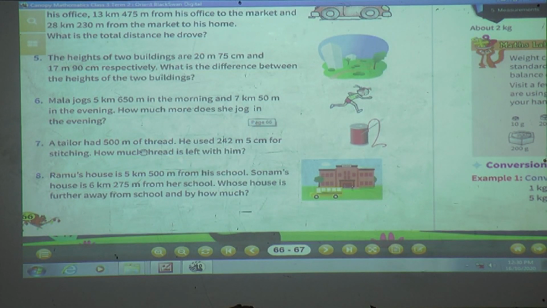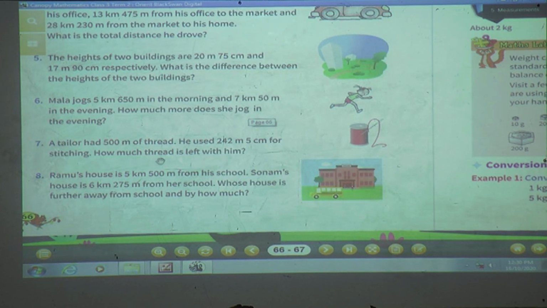Now we'll move to the next example, that is 7th number. Read the question. A tailor had 500 meter of thread. He used 242 meter 5 centimeter for stitching. See, out of 500 he used 242 meter and 5 centimeter for stitching.